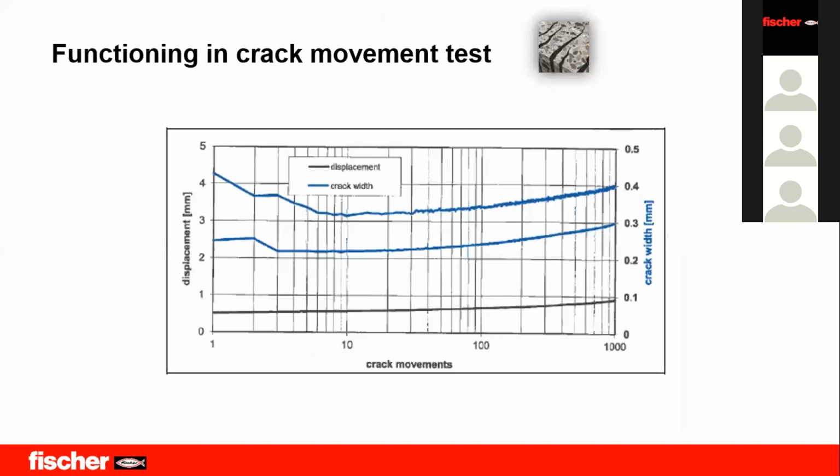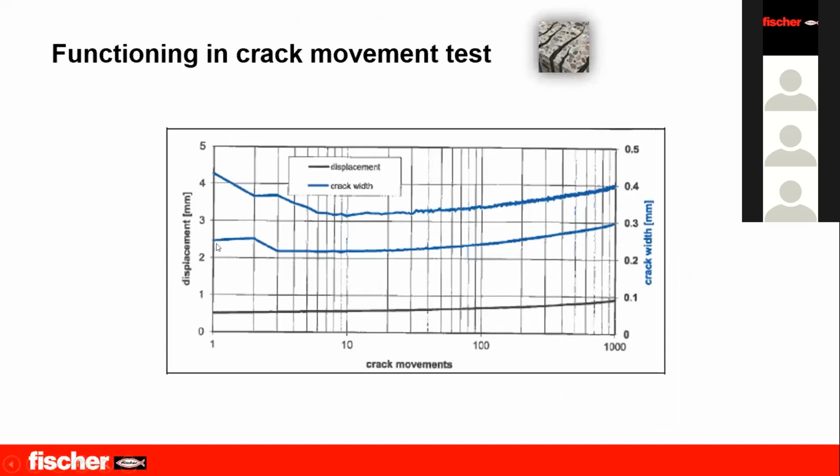With this crack width, they measure the movement of the anchor during the crack. For example, if the crack width is 0.3 millimeter, the displacement of the anchor when you apply the tension load reaches around 2.5 millimeter.